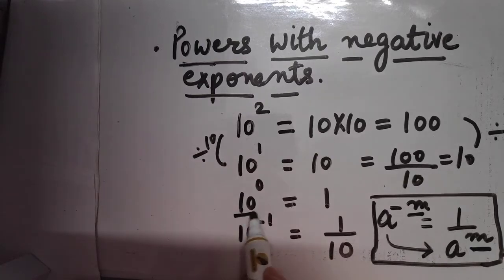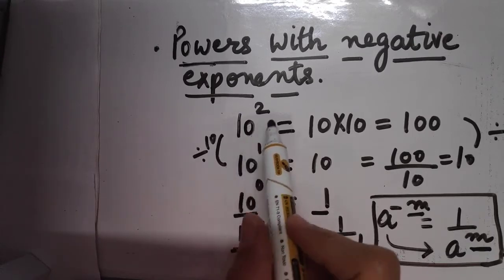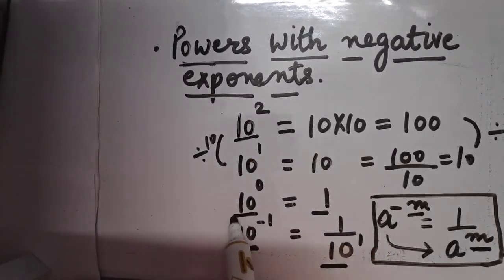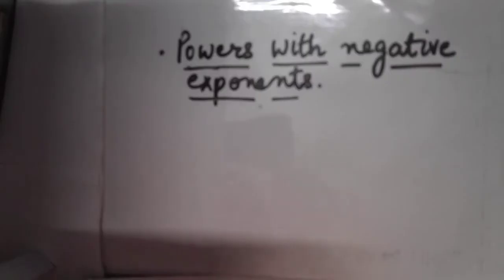Here you can see the exponent is 0, that will be equal to 1. And if the exponent is negative, I need to take the reciprocal of the base and the exponent will be positive. So dear children, I hope you have understood about positive exponent, 0 exponent as well as negative exponent.